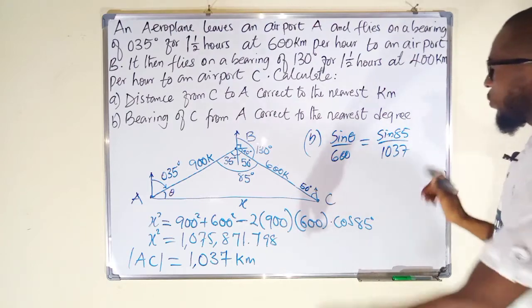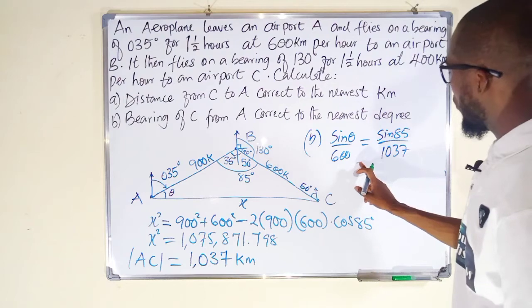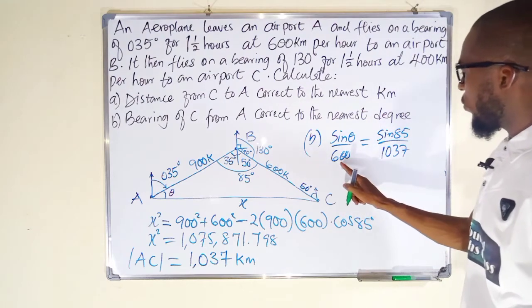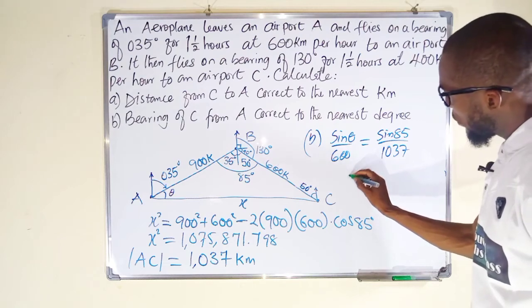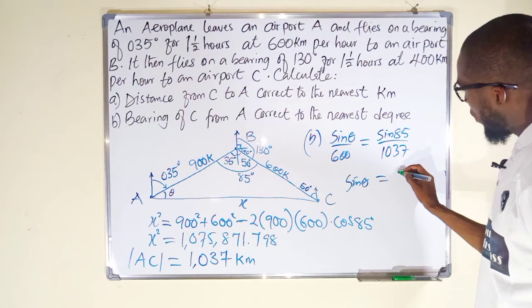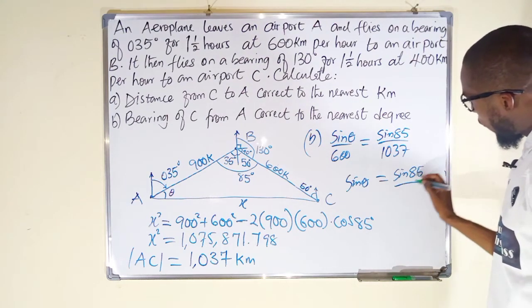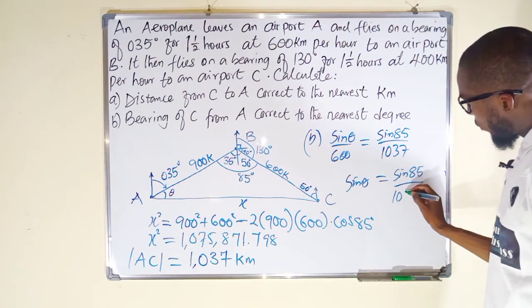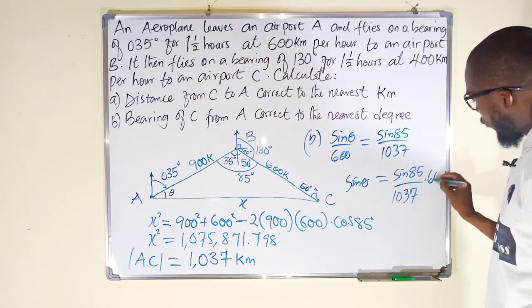So we are going to make sine theta the subject by multiplying both sides with 600. So we have sine theta equal to sine 85 degrees over 1037 multiplied by 600.